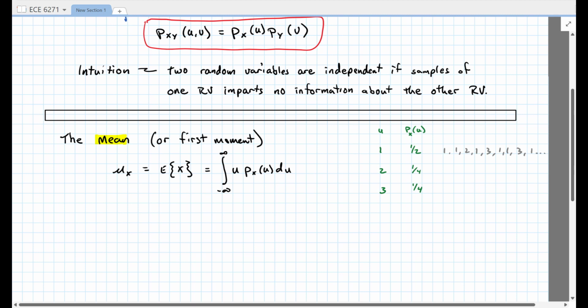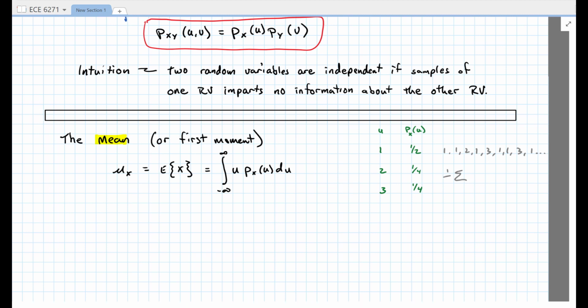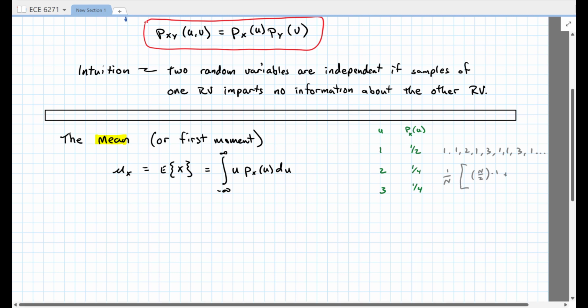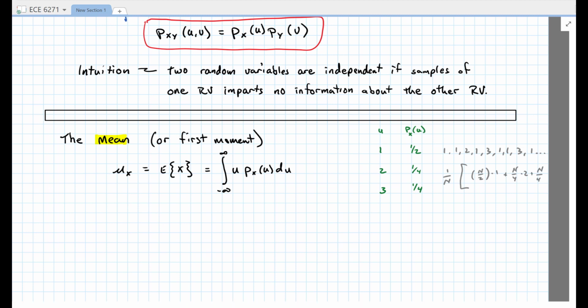And as we did this for an infinite amount of time, we would average these values together, and we could sum them all up, and we would, in essence, on average, expect to see n over 2 times 1, n over 4 times 2, and n over 4 times 3.